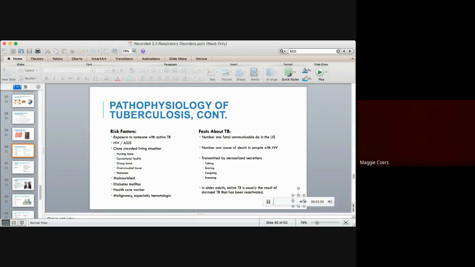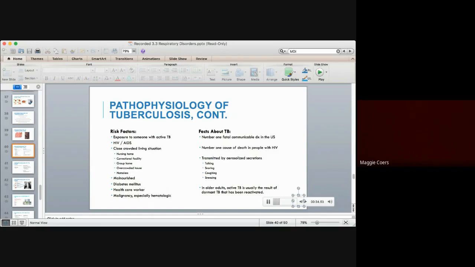The risk factors for tuberculosis are here on the slide for you. But really, any situation that impairs immune system function or that forces an individual to live in close contact increases the risk of contracting tuberculosis. Remember, it's one of the most infectious diseases in the world. Of course, in order to get tuberculosis, the individual has to be exposed to someone with active TB, not when the granulomas lie dormant.